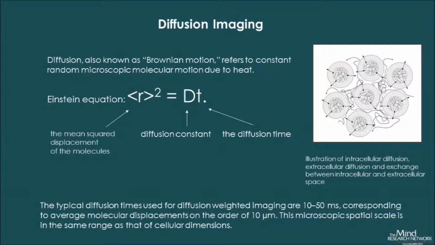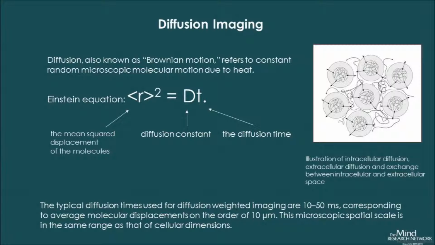Okay, let's move to diffusion imaging. Diffusion, also known as Brownian motion, refers to constant random microscopic molecular motion due to heat. We can simply use the Einstein equation to describe this physical process: the mean squared displacement of the molecule equals the diffusion constant times the diffusion time.